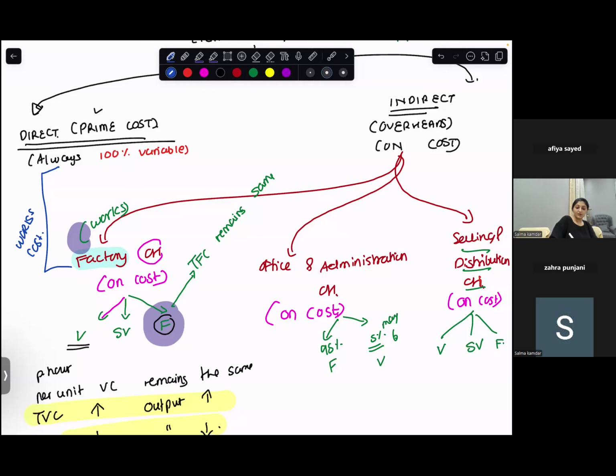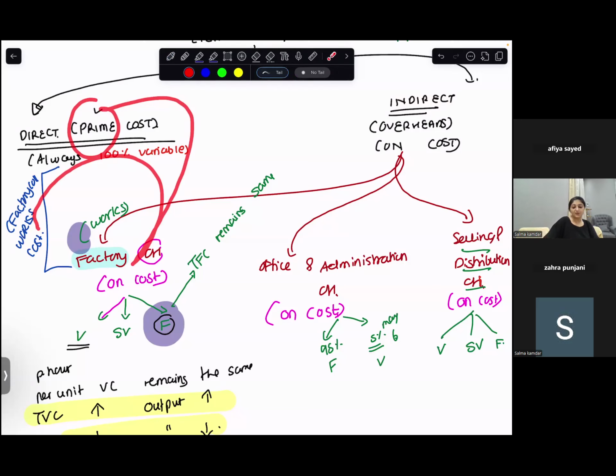Works is also called factory cost. Prime cost plus factory overheads is going to give you works cost.